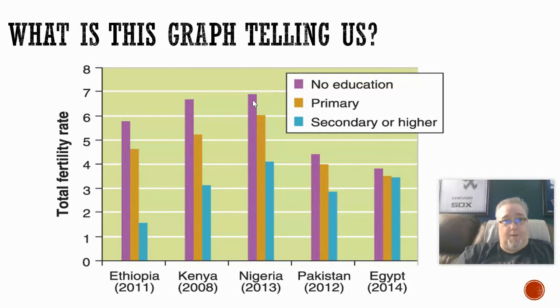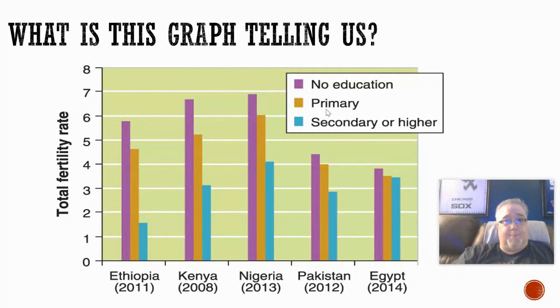We've got this purple bar here, which represents women that have no education at all. So, for example, in Nigeria, if you're a woman and you have no education at all, then on average, you're going to be having about 7 kids in your reproductive life. Imagine that, about 7 kids in your reproductive life.